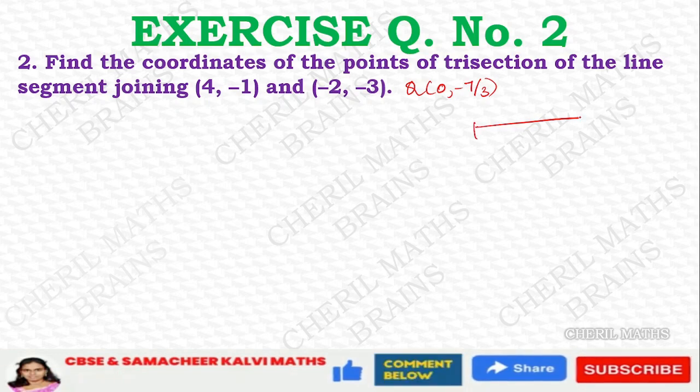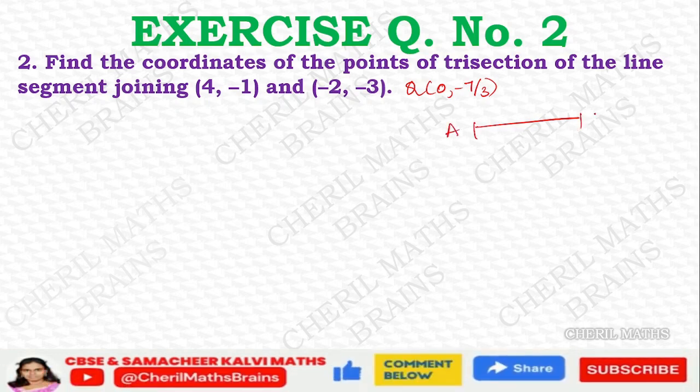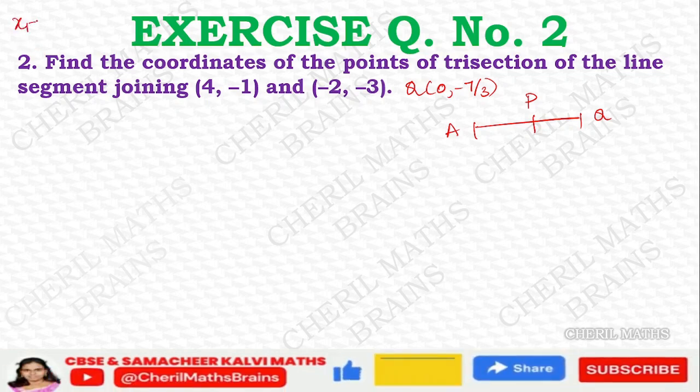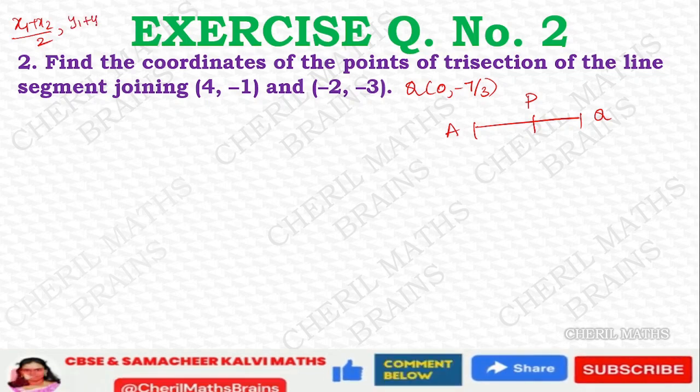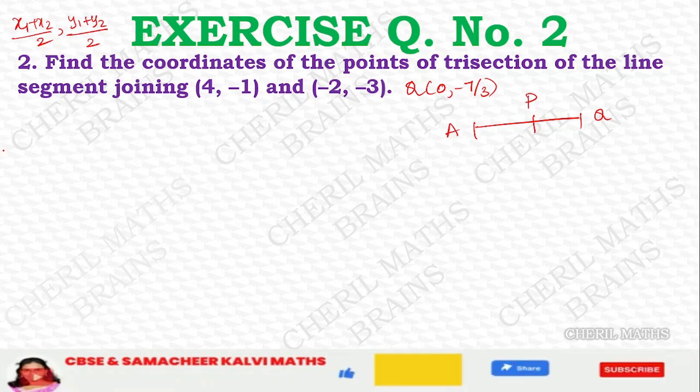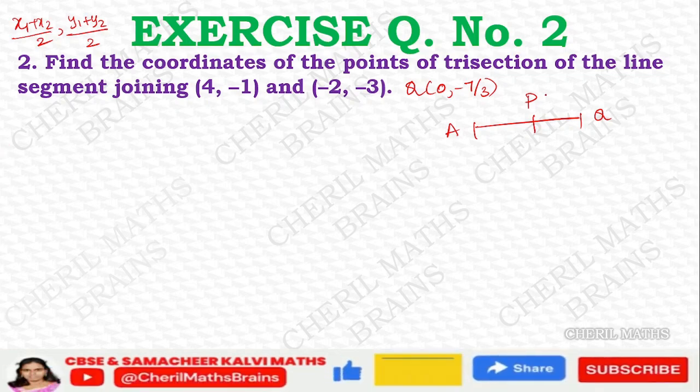Now we have these two points, A and Q, and here you have P. The midpoint formula is x1 plus x2 by 2, y1 plus y2 by 2. Can we substitute now, children? Yes. Now I will take P as x comma y.